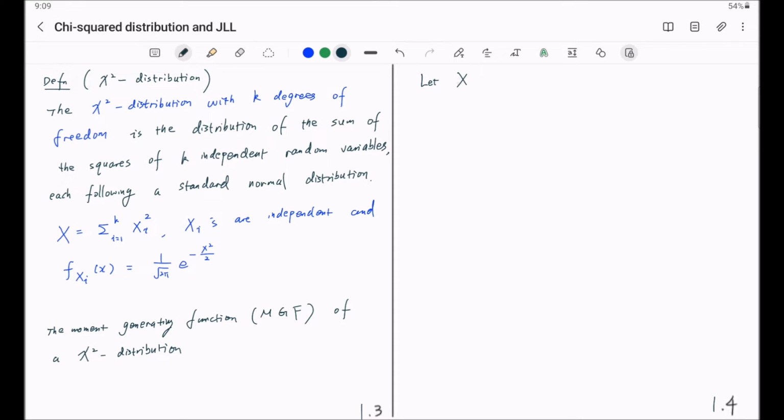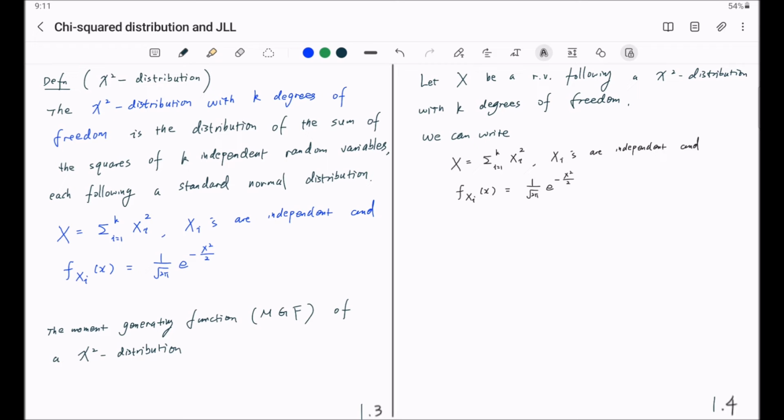Let X be a random variable following a chi-square distribution with k degrees of freedom. We can write X as the sum of X_i squared from i equal to 1 to k, where the X_i's are independent and following standard normal distribution.